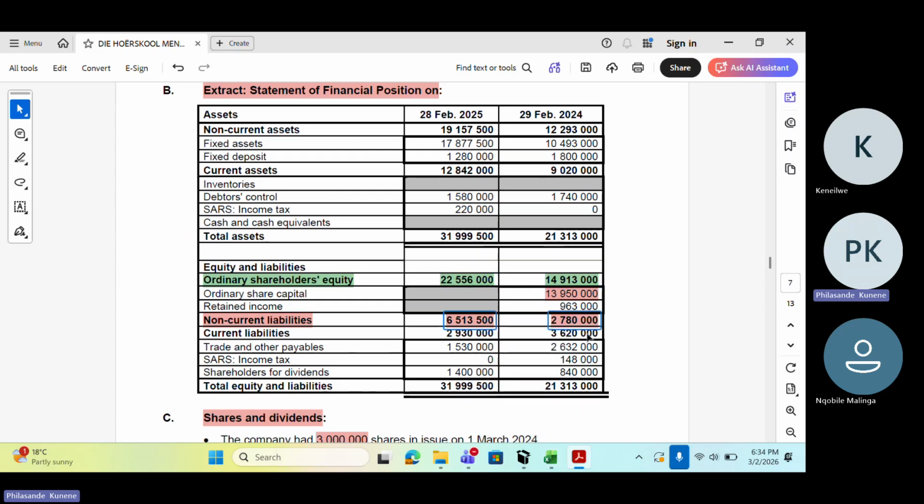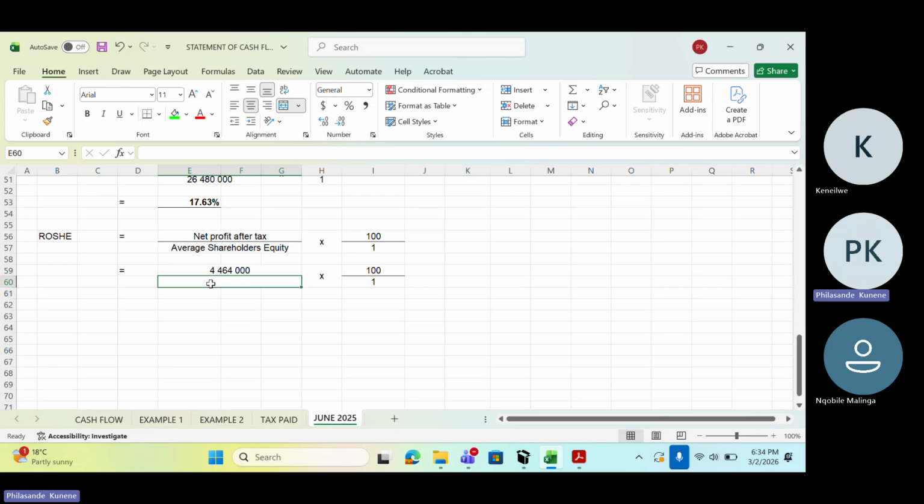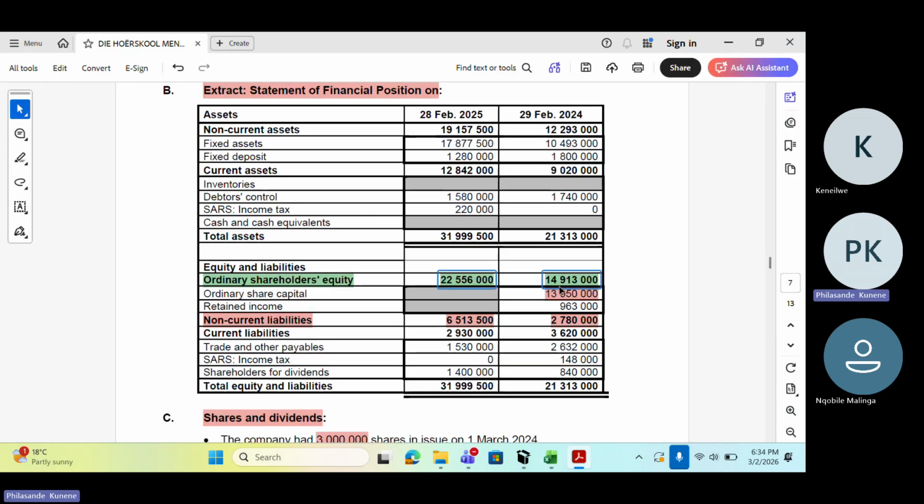So these are the two amounts that we need to have: 22,556,000 rand plus 14,913,000 rands.